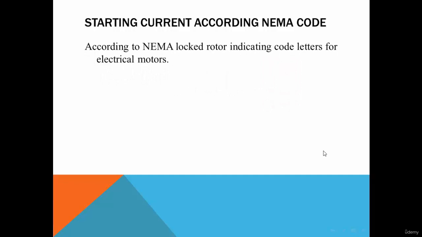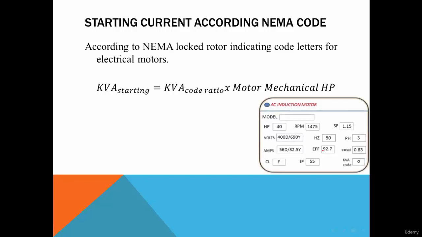According to the NEMA locked rotor indicating code letter for the electrical motor, the kilovolt ampere drawn by the starting current is equal to the kilovolt ampere code ratio times the motor mechanical horsepower. So all you need to do is to get the nameplate of the motor like this, and you are going to see on this nameplate the kilovolt ampere code.